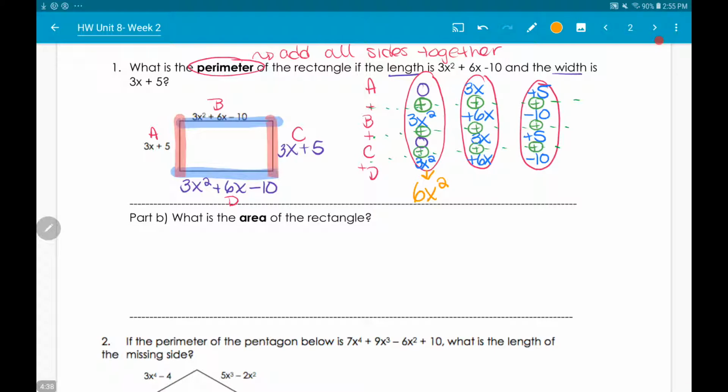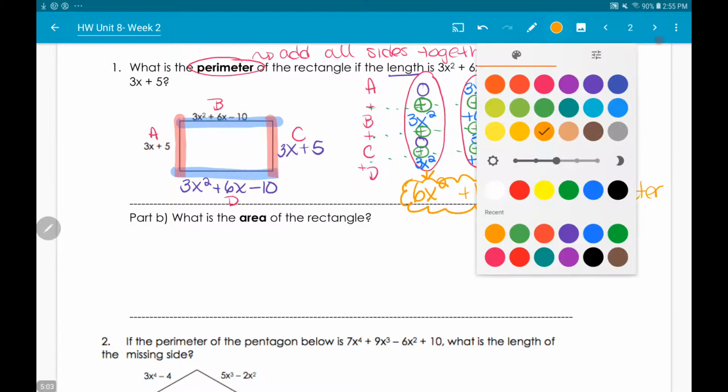That is 18x. And then 5 take away 10 plus 5 take away 10. That's minus 10. All right, so that means this is the perimeter.